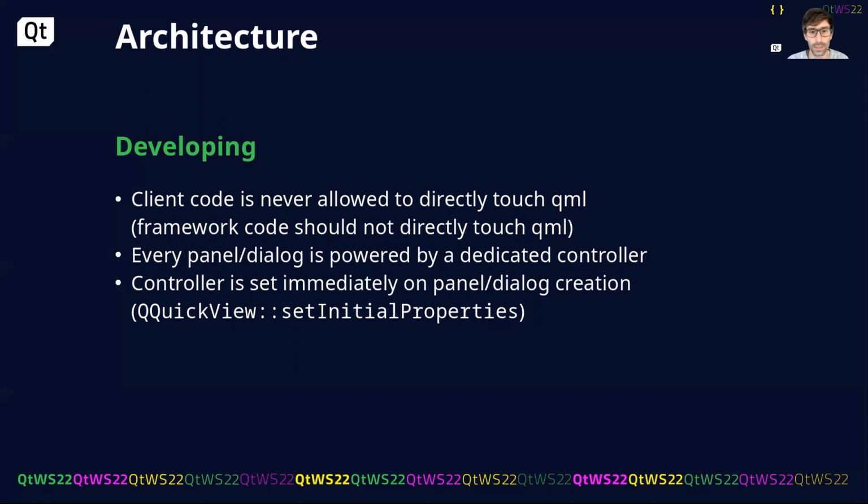So we always set initial properties, which allows the controller to be a required property on the dialog and on the panel. So that's really cool, and that also means that at no point do we use these magical properties that are present in the context, but that you cannot really see or touch, and that you just have to know about.